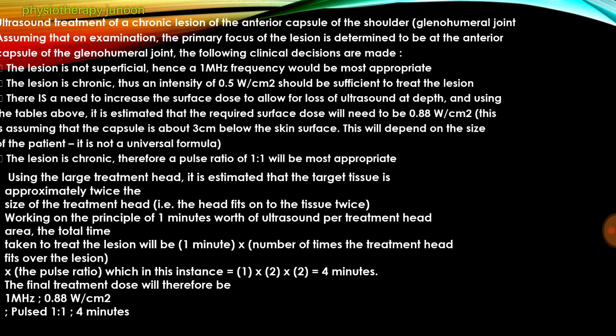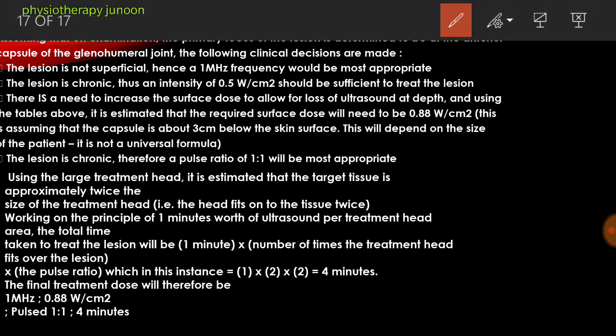Next, ultrasound treatment of a chronic lesion of the anterior capsule of the shoulder. I already explained this, and here you have an example of how to calculate the dose.